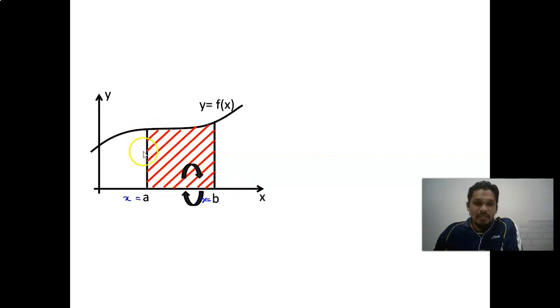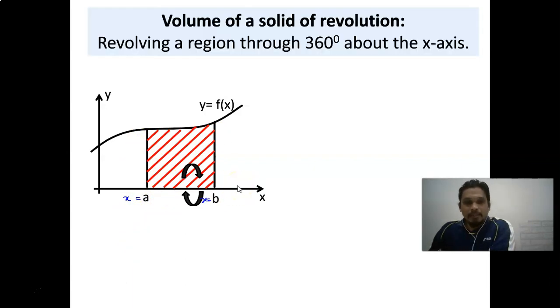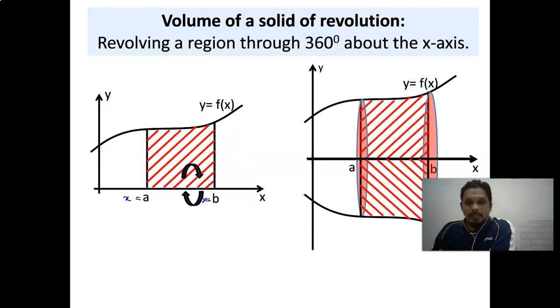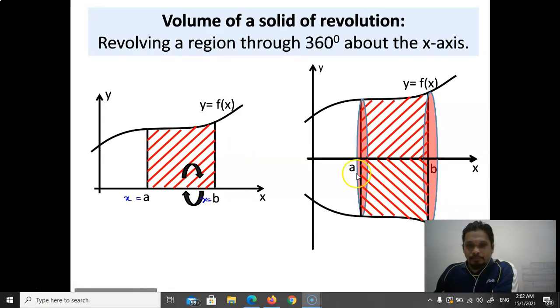If this area is rotated 360 degrees about the x-axis, it becomes something like this, a 3D picture like a vase or maybe a drum.